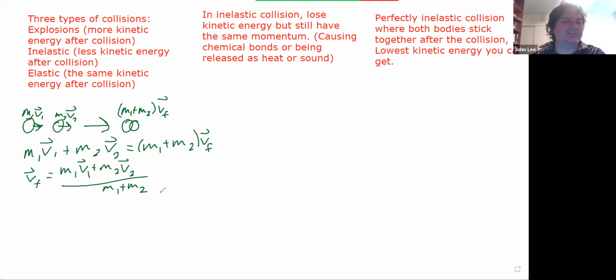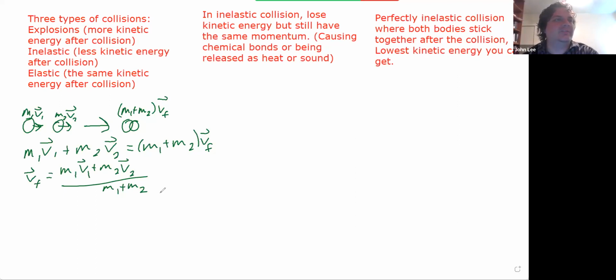But if the mass of the second object compared to the first object is significantly larger, then it can still end up going in the same direction as the second object, even though the velocity of one object was much greater. So this is conservation of momentum, not conservation of velocity.